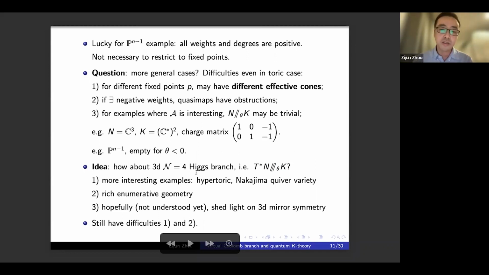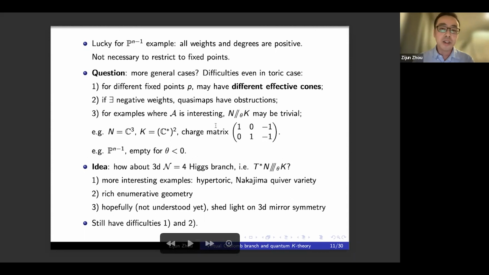And in this way, we will get more interesting examples, and also these ambient spaces have very rich enumerative geometry, which is studied by Andrei Okounkov and other people. And this is maybe a goal in the future. Hopefully, we can understand 3D mirror symmetry using this construction.